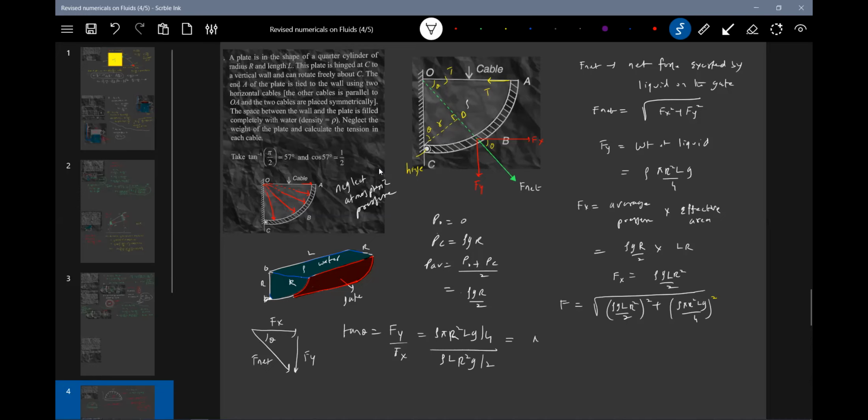Pi by 2. Yeah. Tan theta equal to pi by 2. Now we can write the net torque. The net torque on the gate about C should be equal to F net into r should be equal to T into capital R. I will write this here, capital R. It'll be easier.